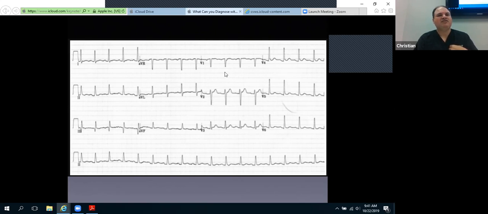There shouldn't be much of a difference, except you're moving closer towards the left side of the heart. So as you begin that movement towards the left side of the heart, you're going to appreciate some more R wave. And as you continue moving closer and closer to the left side of the heart and getting to the other side of it, you're going to see the R wave progress. That's why the R wave progresses.